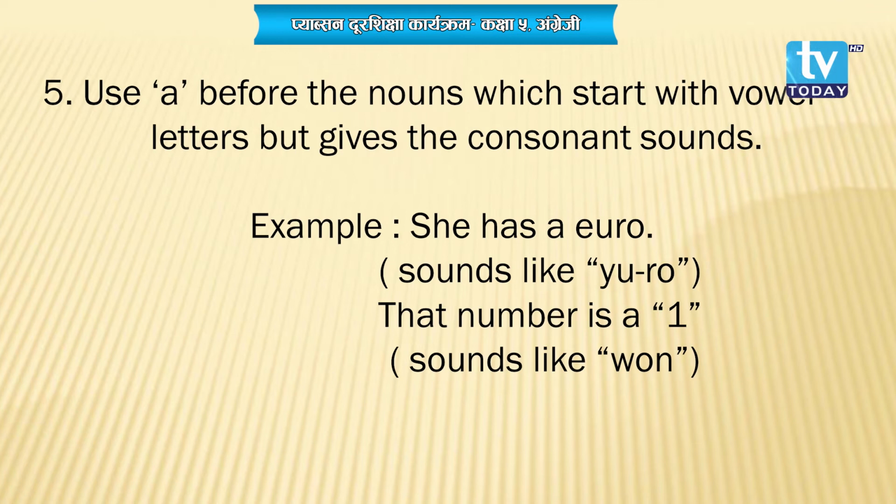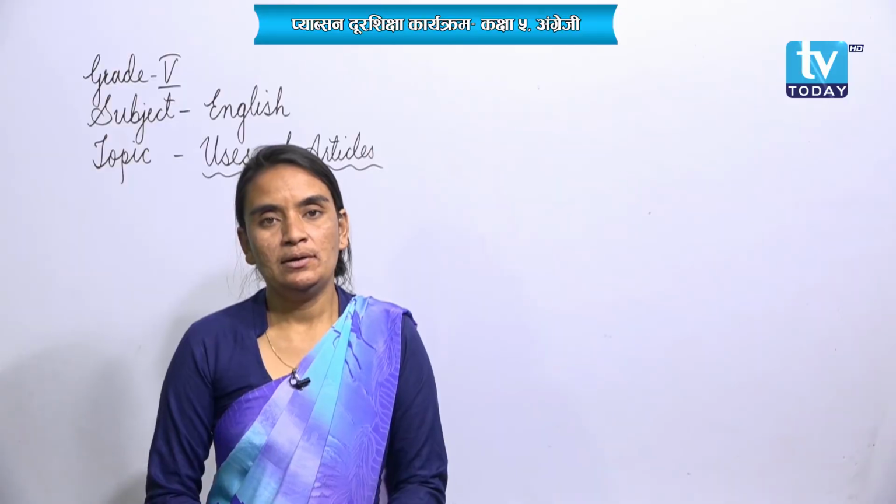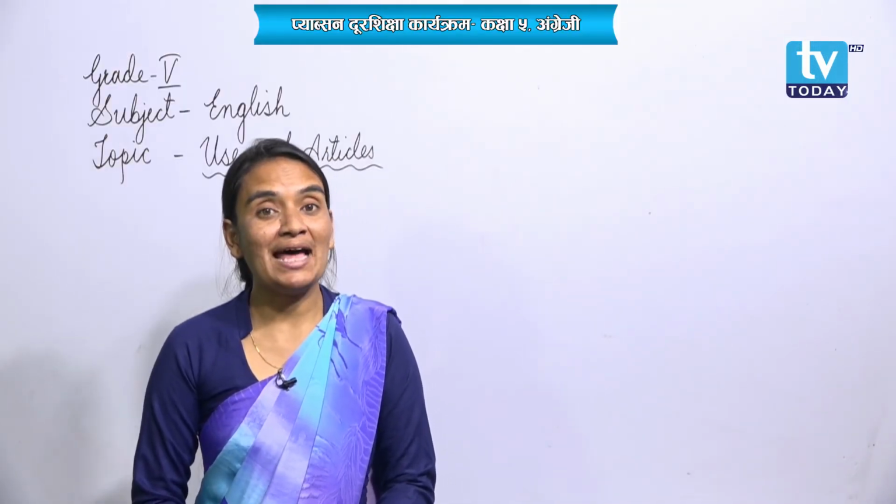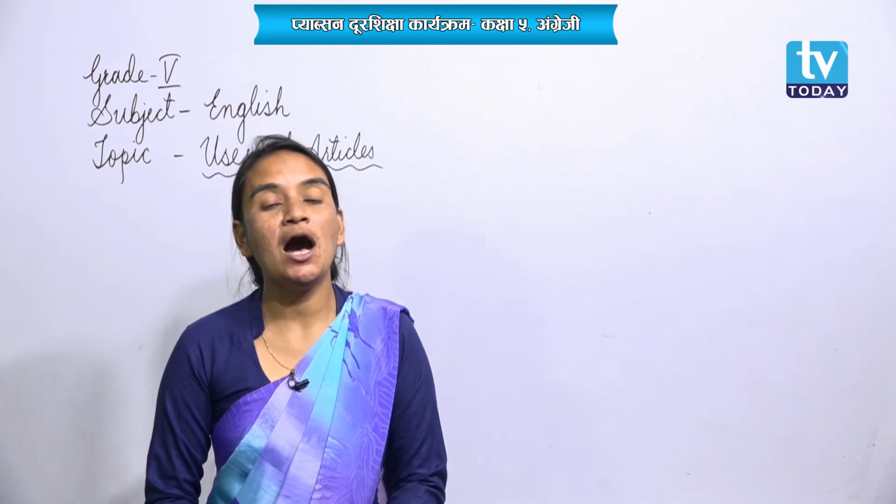The initial letter is the vowel O, but what do we pronounce there? 'One', a W sound. It sounds like W, O, N, one. So here we have written: that number is a 1.